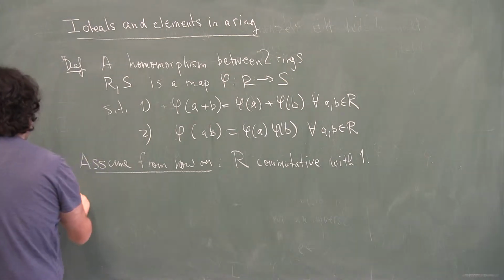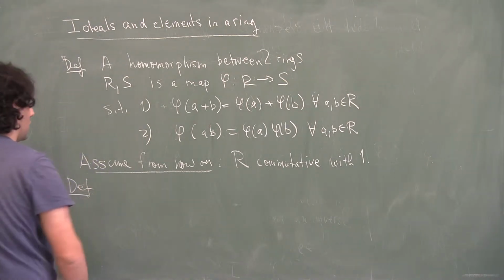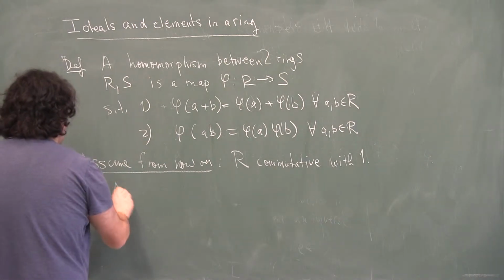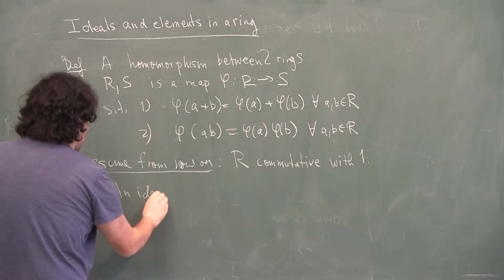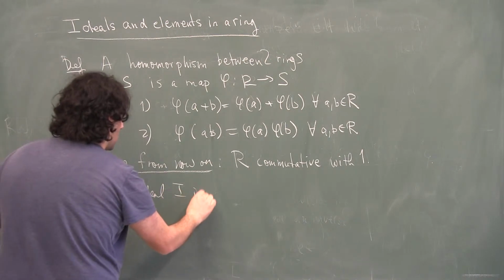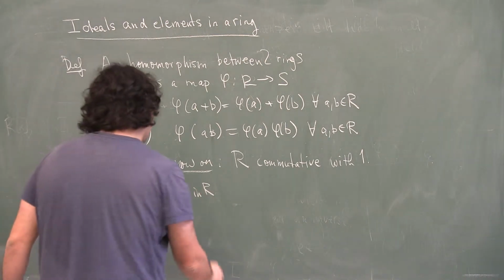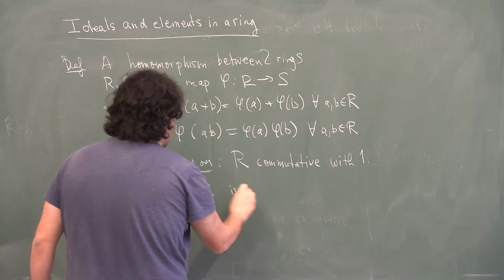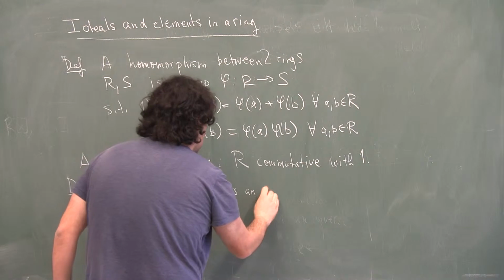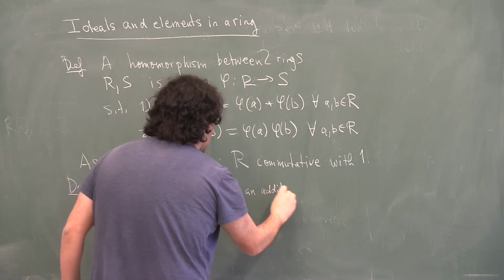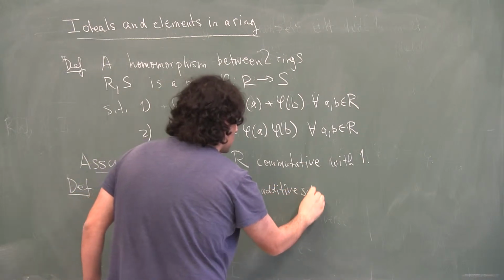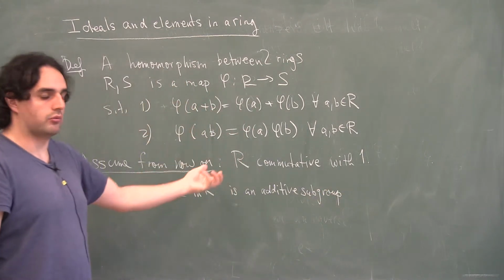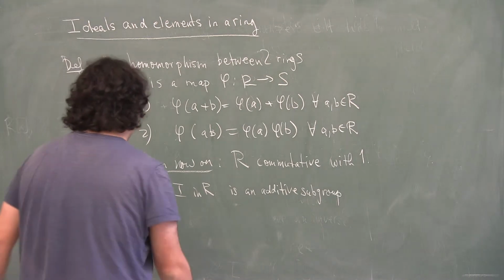So then we have the following definition. An ideal I in R is an additive subgroup. So that is, it's a subgroup of R with the plus operation.